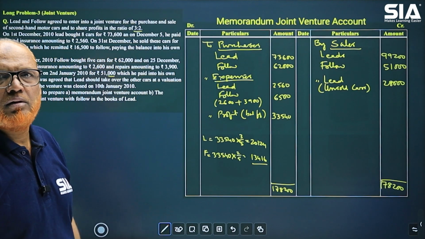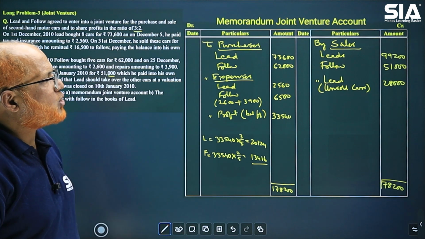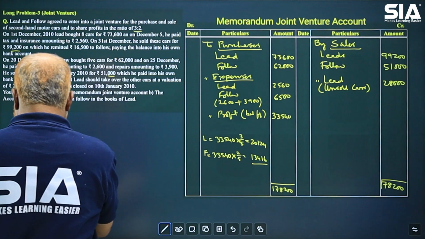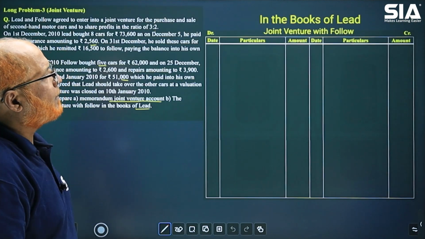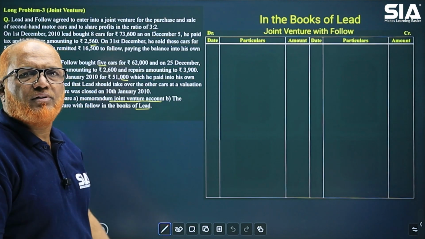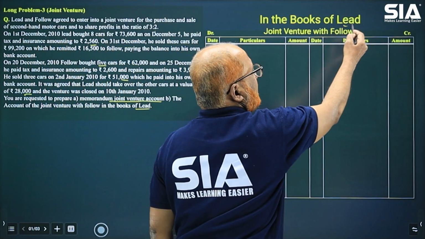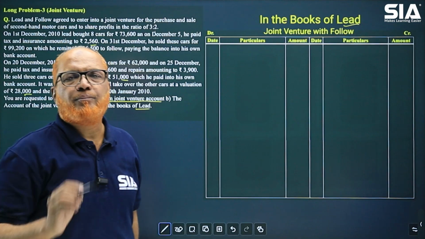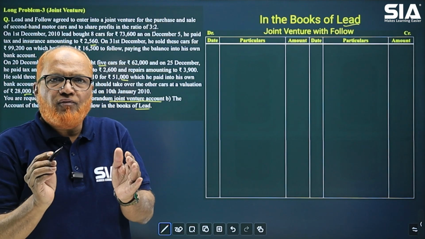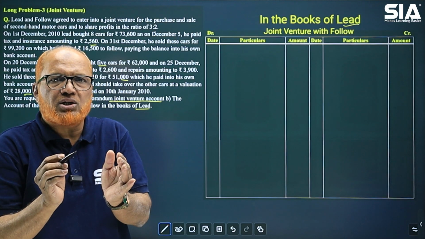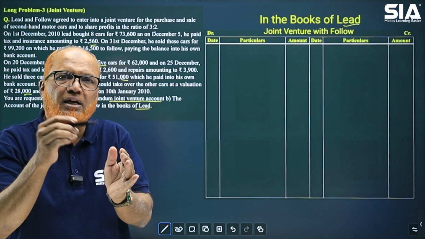That's all. Memorandum revaluation and memorandum joint venture account we have completed. Now we'll complete the joint venture with follow. Joint venture with follow, in whose books? In the books of lead. Remember, in the books of lead, he will record only those transactions which are conducted by him only.